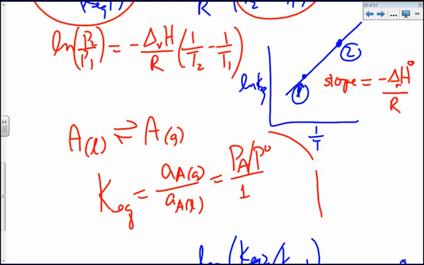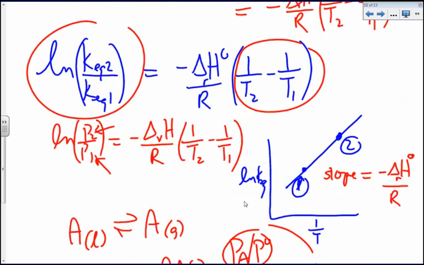So you can plug in PA at temperature T2 as your P2 and the partial pressure of A at temperature T1 as P1. So it really is, the vapor pressure is an equilibrium constant, divided by P naught. Okay, and then the activity of your liquid is equal to 1.